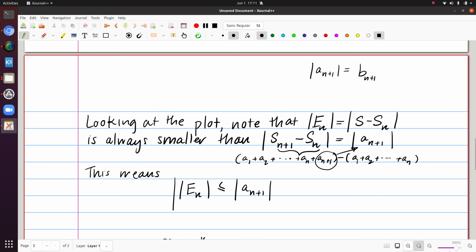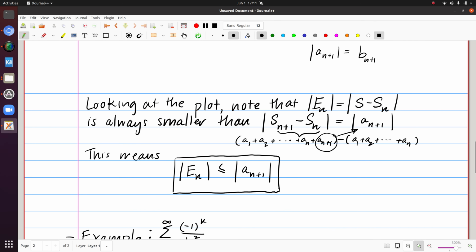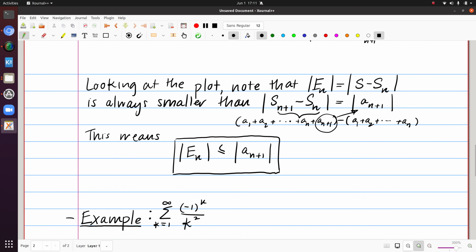And by next term, what I mean here is that we're cutting it off at the nth term in terms of our approximation. So next term just means the first term that we haven't included in our approximation, and here we're calling that a sub n plus 1.